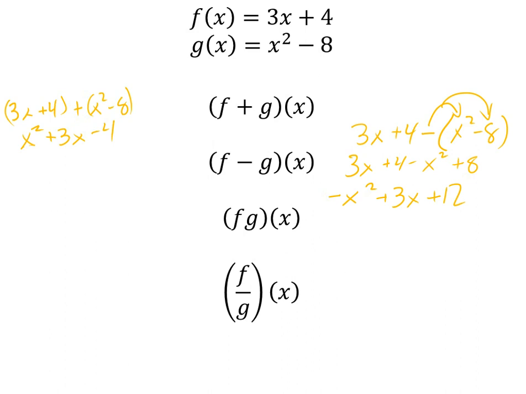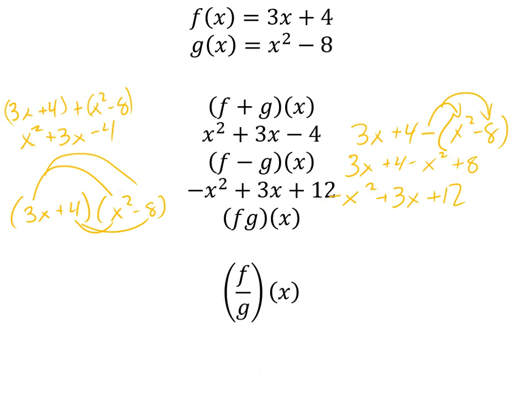fg, or f times g, would just be 3x plus 4 times x squared minus 8. Multiply those two together, so you're going to FOIL: first, outer, inner, last, which would be, looks like it's 3x cubed minus 24x plus 4x squared minus 32.